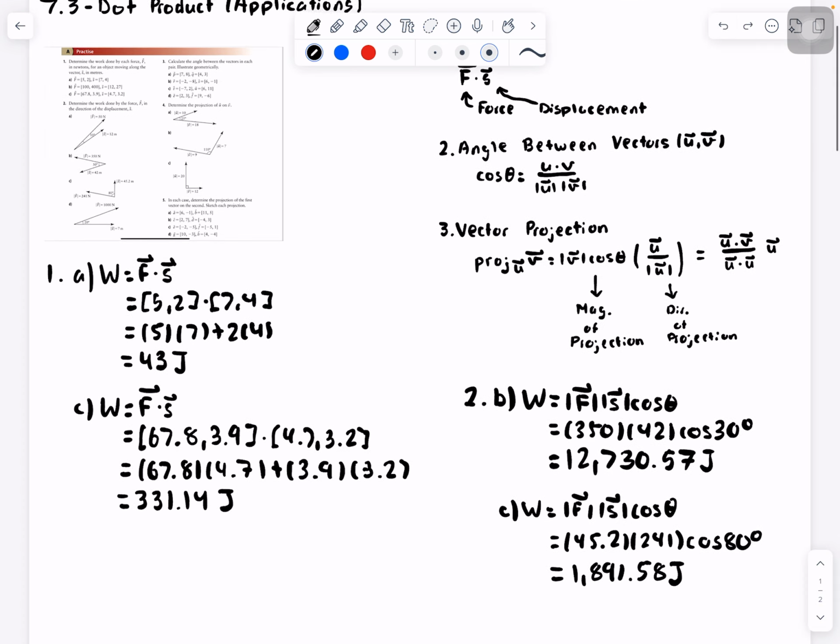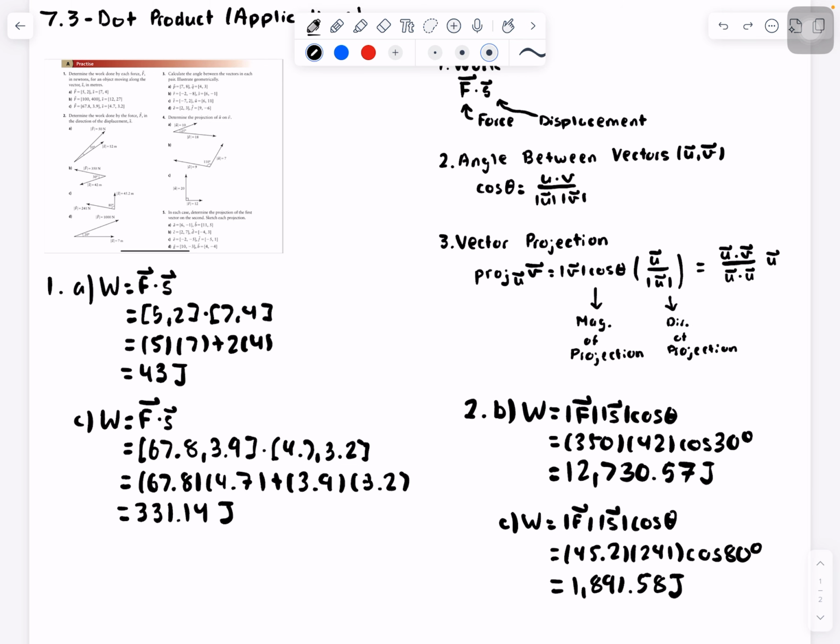You have to choose which one you use depending on the information you're given. You could use either one, realistically speaking, but one will always be more convenient. Like for question 1, I was given the vectors in Cartesian form, so I chose the Cartesian dot product. And for the second question, I was given magnitudes of the vectors and the angle between them, so why not just use the geometric dot product, right? Perfect.